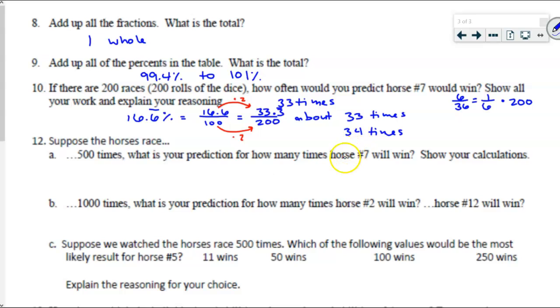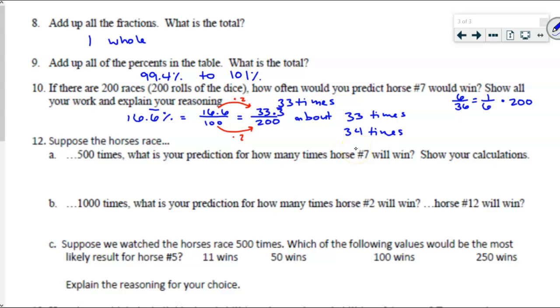Okay. What if we were dealing with people? 33.3 people. Are you going to say that this 0.3 of a people doesn't matter? Or would you round up to 34 people to account for the fact that it's a partial person? I would round up. So, one thing that I want to address in this, can I please have your attention?